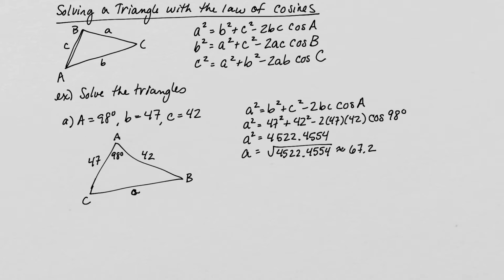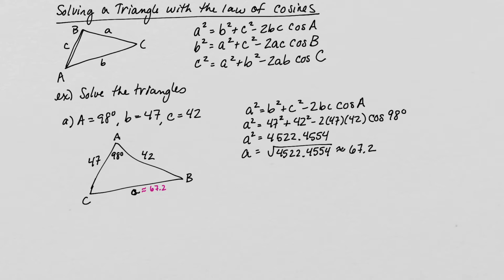So now I want to use that value in my next calculation. So I know now that this side here is roughly 67.2. And so I want to use that to find one of the other angles.